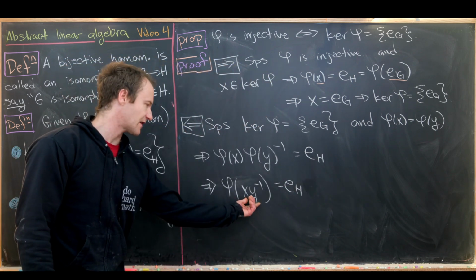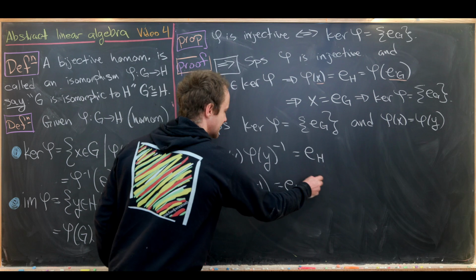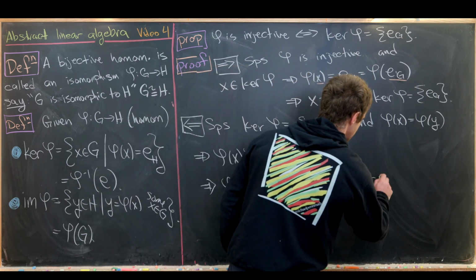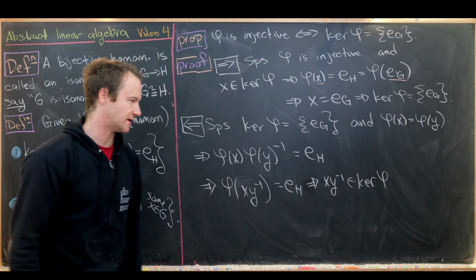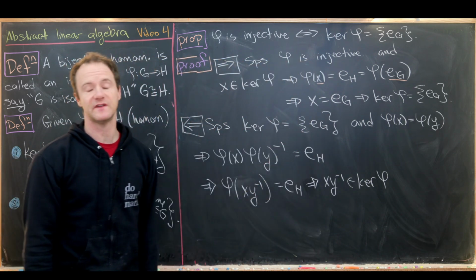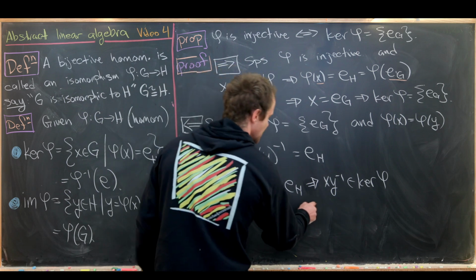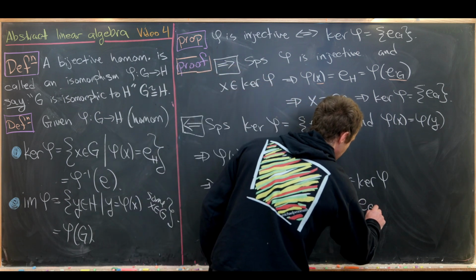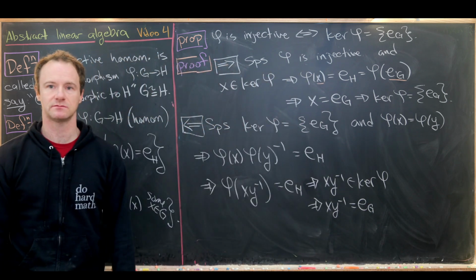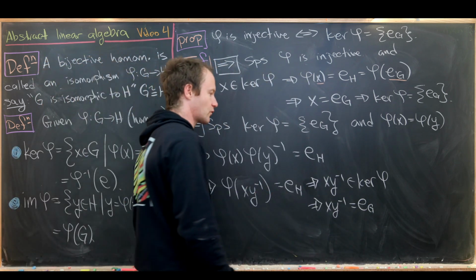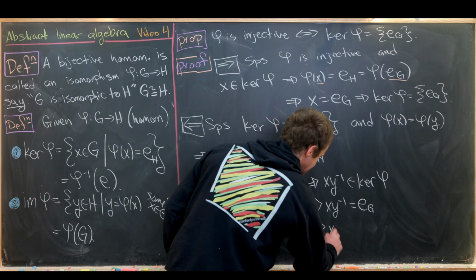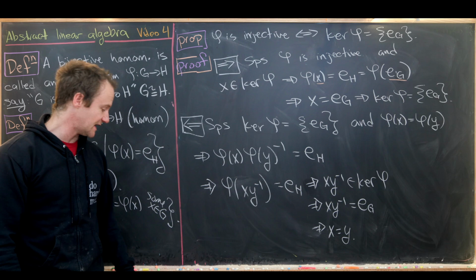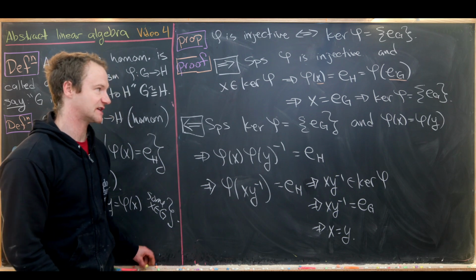But now this guy right here being mapped to the identity is exactly the condition for X Y inverse to be inside of the kernel of phi. But the kernel of phi is just a singleton. That means that this X Y inverse must exactly be equal to that singleton E_G. But now we can right multiply by Y, and we'll see that we immediately get X equals Y, which is exactly what we need in order to have injectivity.